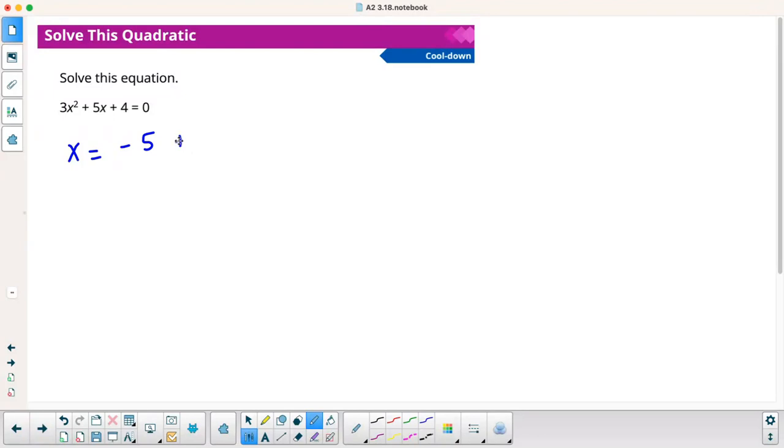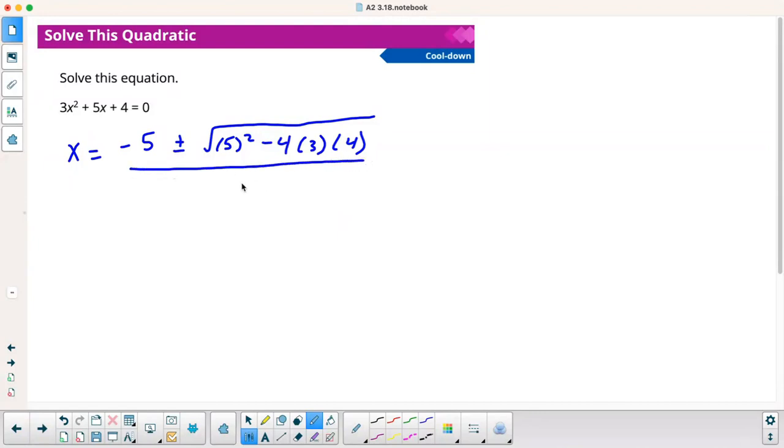X equals negative b plus or minus the square root of b squared minus 4 times a times c, all over 2a. So what do I get there? I get 4 times 3 times 4, negative 48.